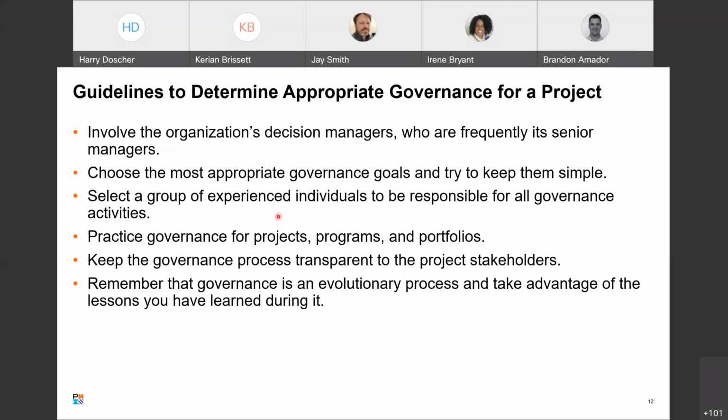And then select a group of experienced individuals, people who have been through this before, to be responsible for all governance activities, doing the checks and balances here. It's good to have a small team of people working this way. Now, usually it's in addition to what their real jobs are.